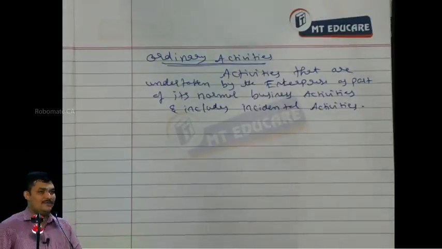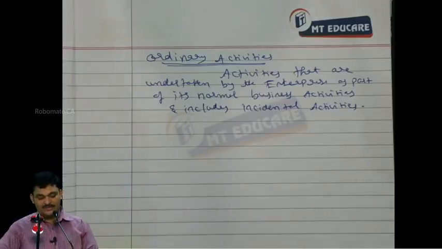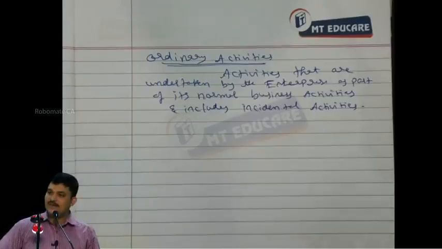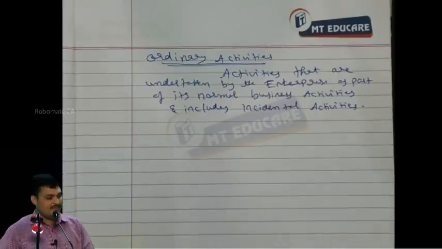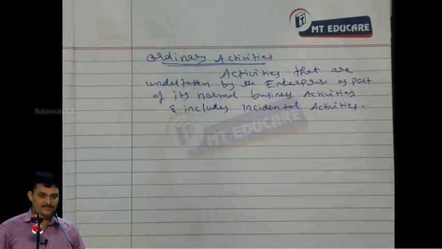So in a layman's understanding, they are the activities that arise in the normal course of business. That is what is understood as activity undertaken by the business enterprise as part of its normal business activity, and it also includes incidental activities. Incidental to the normal business activity is also to be considered as ordinary activities. Everybody?